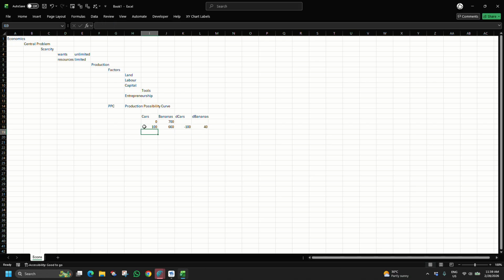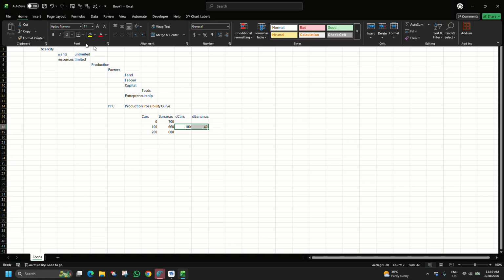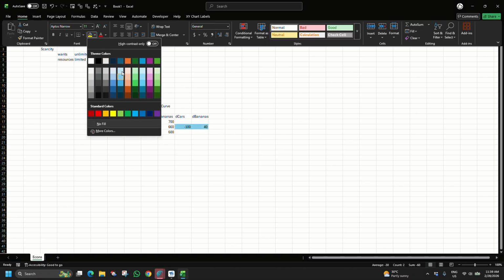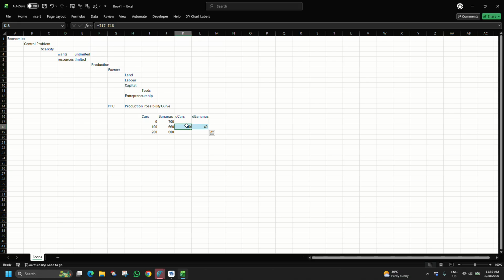Okay, then we add another 100, so we want 200 cars. We can only get 600 bananas. So I copy these two formulas down, and let's see what we get. Copy, paste.